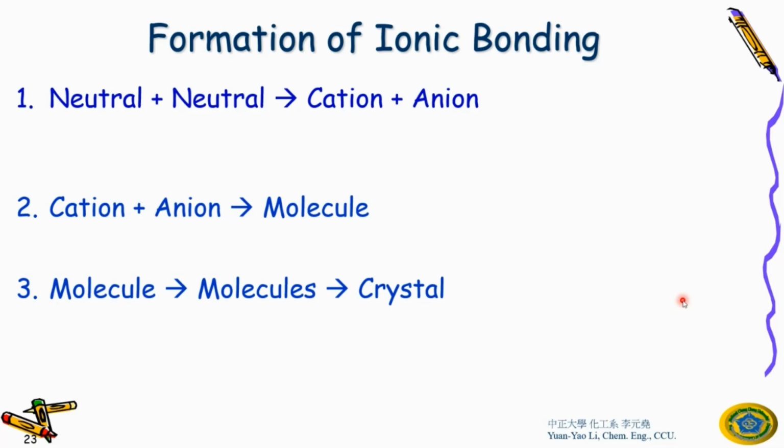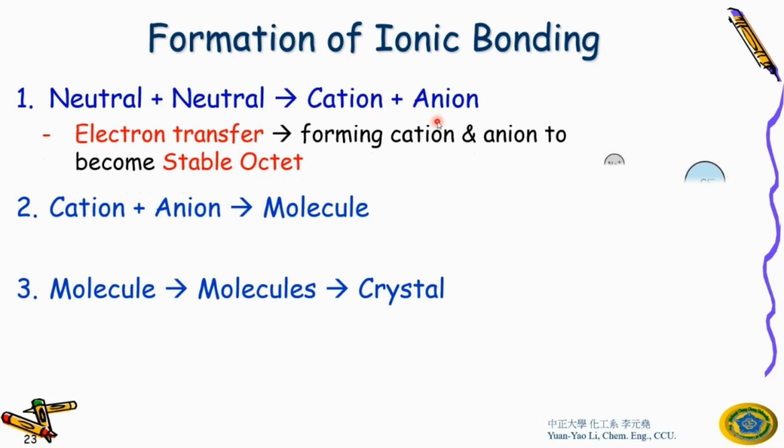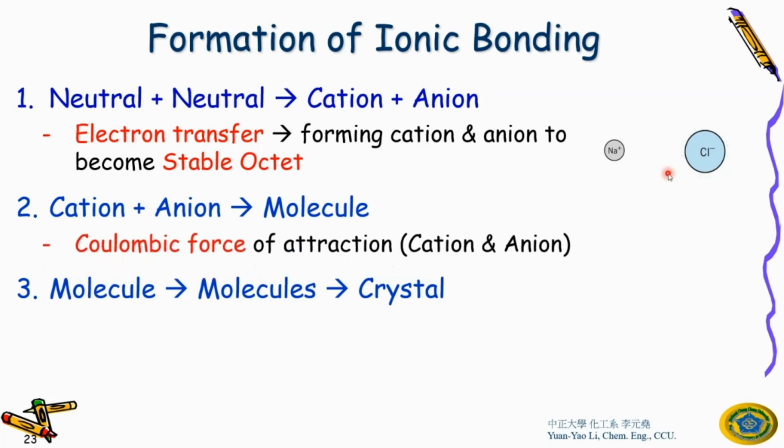So let me quickly summarize. This is the formation of ionic bonding: neutral atoms become cation and anion. It involves electron transfer to become stable atoms. The second step is that cation and anion get together because of Coulombic attraction, and it becomes a molecule.